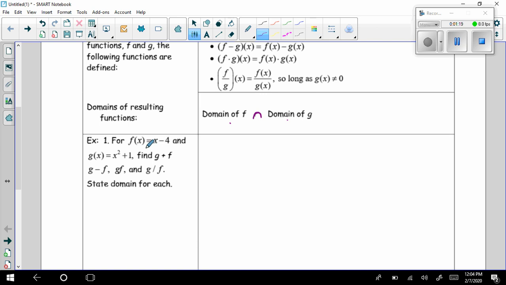So for f of x, it's x minus 4, and g of x is x squared plus 1. If I'm doing g plus f, then I am taking my g function and then adding my f function.